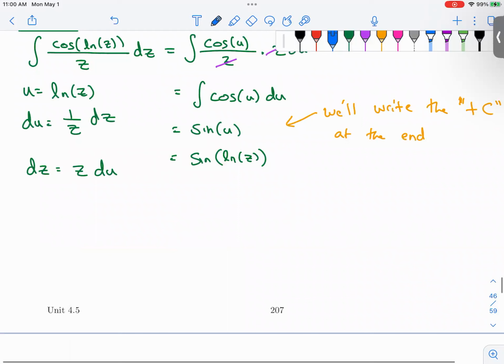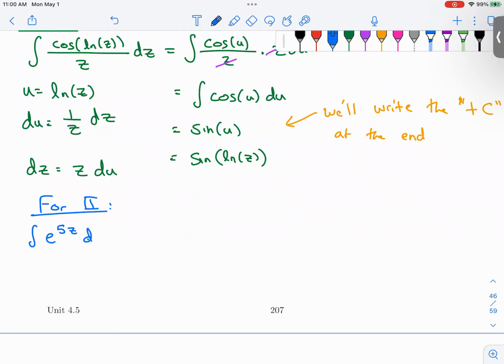For 2, we have the integral of e to the 5z dz. There's only one option to choose: the 5z. So u equals 5z.